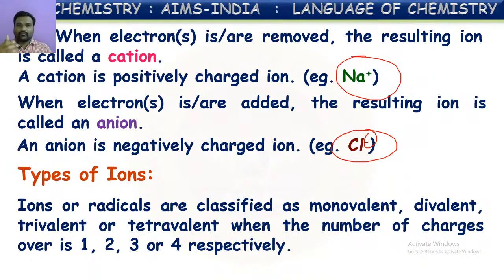Based upon the number of electrons gained or lost by an atom, the type of ion is categorized. If one electron is lost, they are called monovalent. In this way, ions are categorized into monovalent, divalent, trivalent, and even tetravalent. Let us see these one by one.